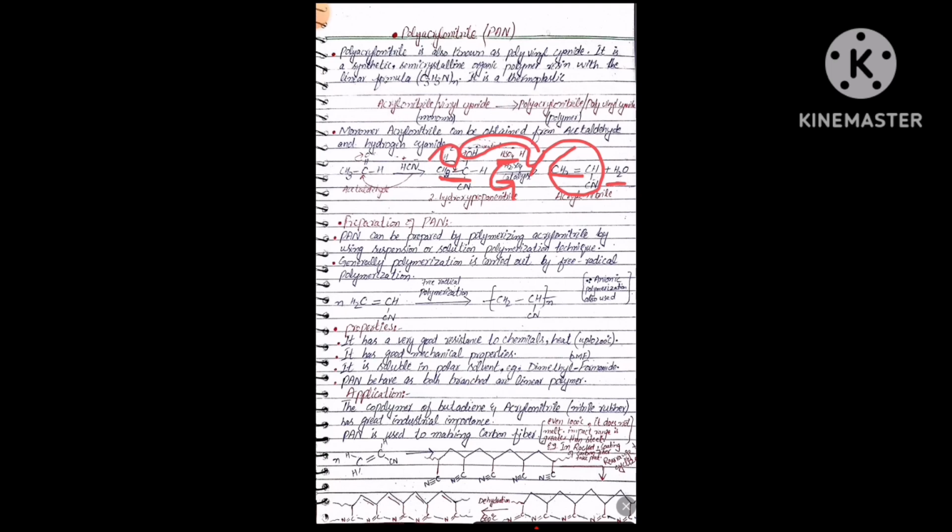This carbon where the substituent CN is attached is a vinylic carbon, and overall it is said to be vinyl cyanide or acrylonitrile.